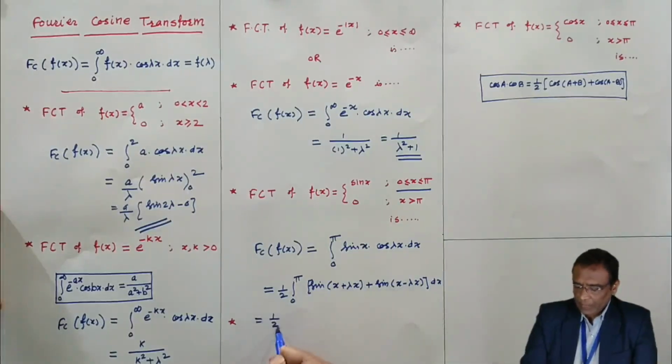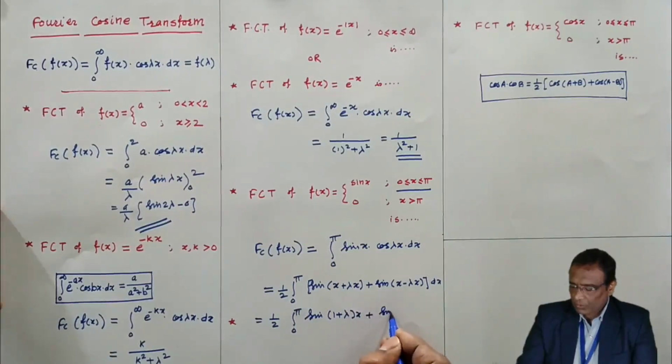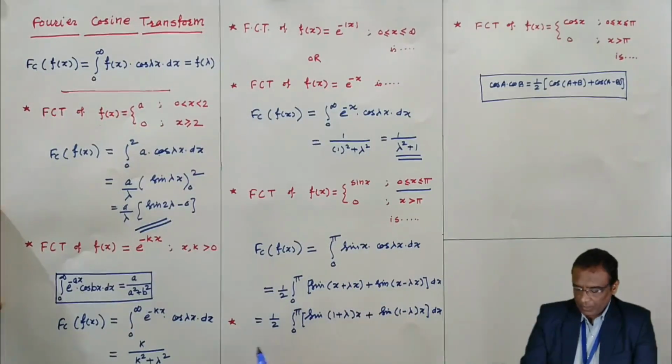Now take integration. The integral of this thing, just one more step I am going to write: sin((1 plus lambda) x), or you can write it directly also. So one more step only I have increased. Before integration, I have taken 1 by 2 common. The integral of sin is minus cos((1 plus lambda) x) divided by the coefficient of x, which is 1 plus lambda.